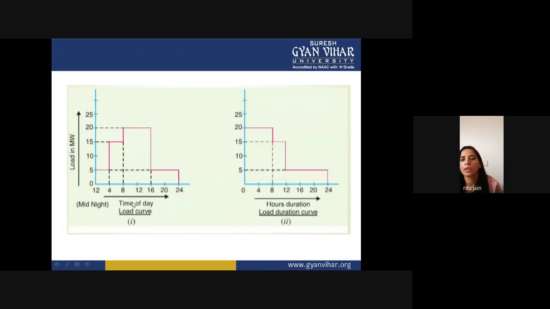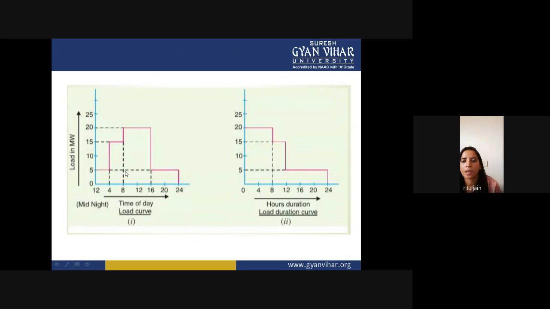Suppose we are drawing this graph for a particular load. From 12 midnight to 4 a.m., the load is almost constant, which is 5 megawatt. From 4 to 8, the load is increasing, it becomes 15 megawatt.